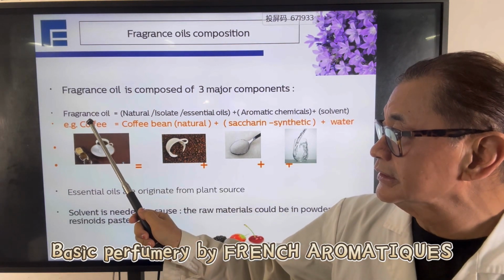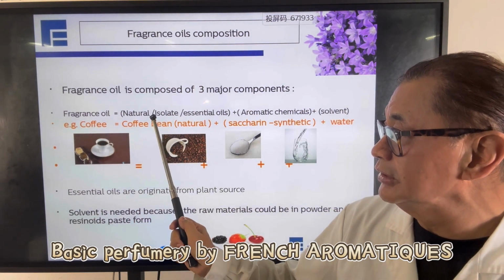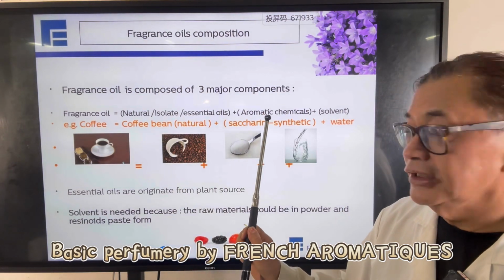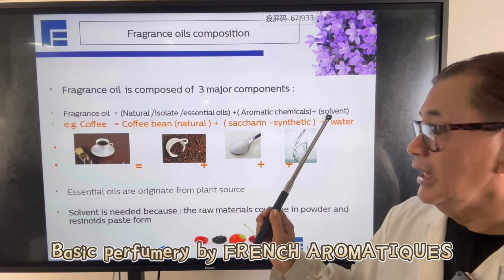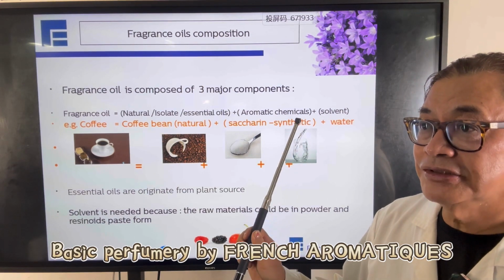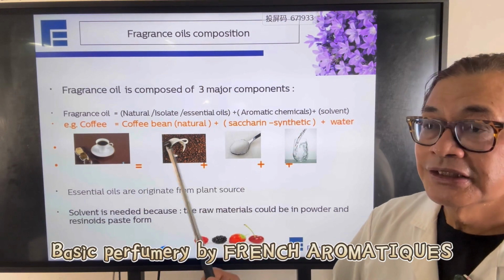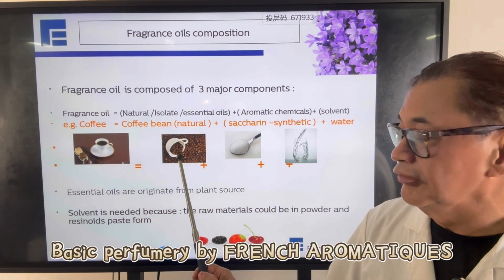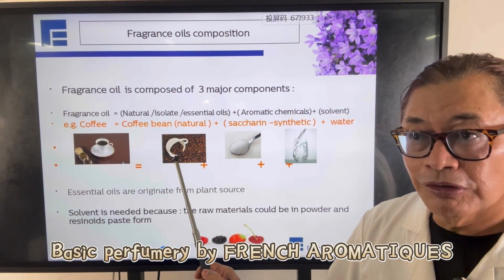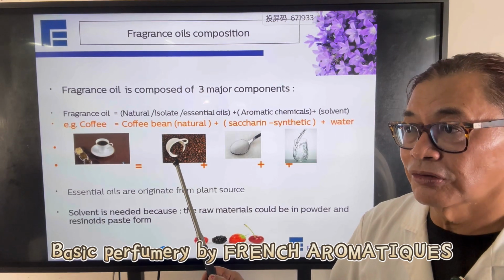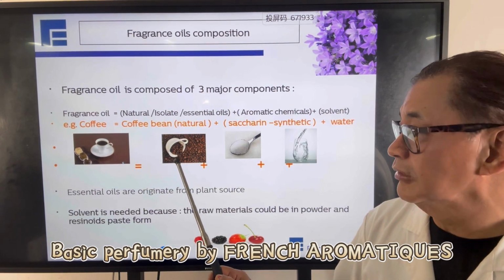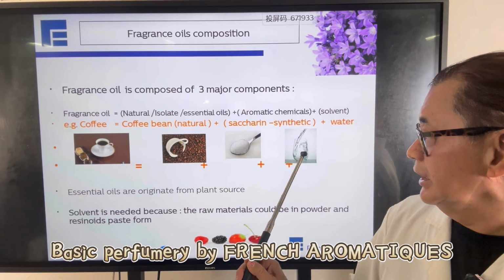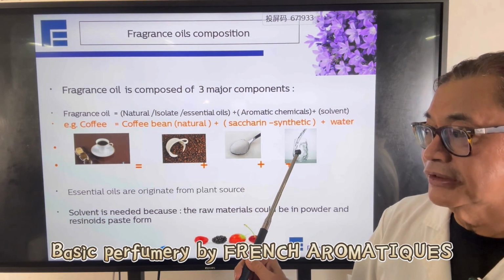The first one is the fragrance oil that comes from the natural isolates or essential oils, and then the aromatic chemicals and solvent. Those are the three major components. You can relate it to making a cup of coffee. The coffee can be made up of coffee beans, it could be Colombian coffee beans or Indonesian coffee beans, secondly the aromatic chemicals, and then plus the solvent.